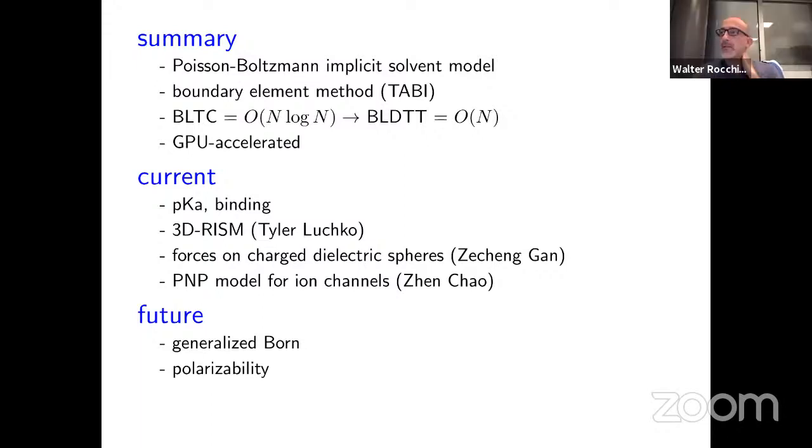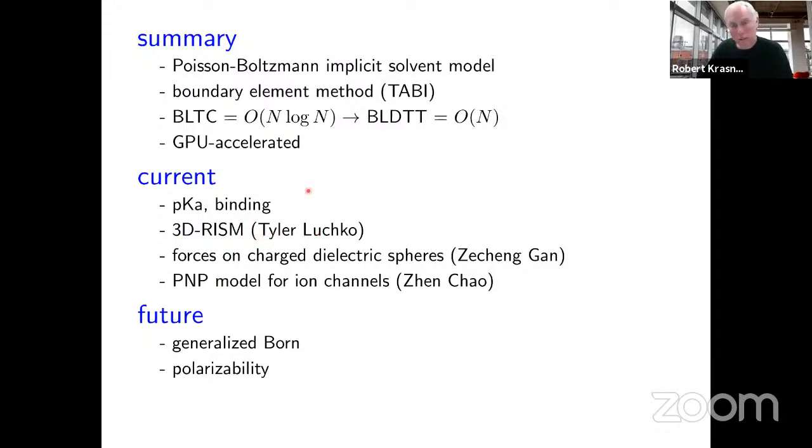There is a question from the chat from Mehdi Irani, who thanks for the presentation and asked whether this method is implemented in the Amber program. Well, it's implemented in the 3D-RISM module in Amber. Leighton Wilson has been working with Tyler Luchko to do that, and the full-blown version is in the works.